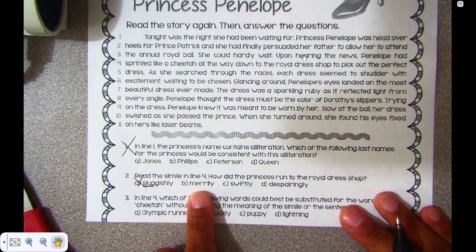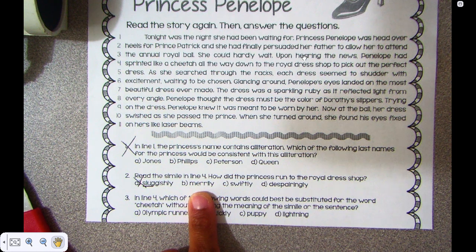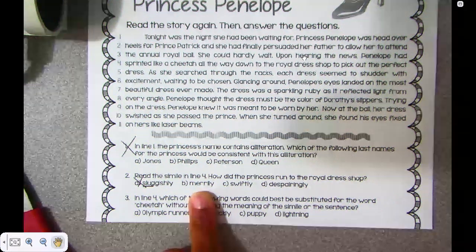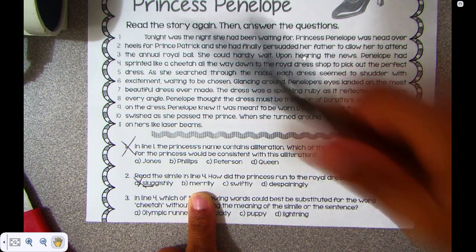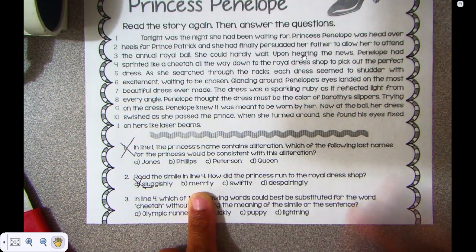Merrily. Now, I can infer that if she's getting to go to the ball and she's running to the store, merrily means like happy. She probably is feeling pretty happy. But that's not asking how did she run when I go back and look at that simile.